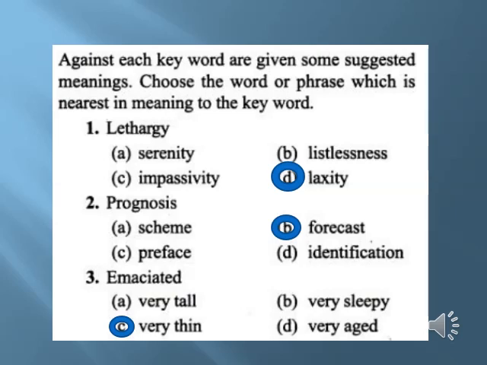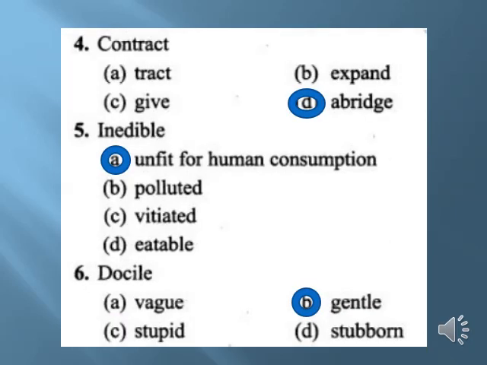Prognosis means forecast. So B will be the right option. Emaciated. What does emaciated mean? Emaciated means very weak, very thin. So C is the right answer. Contract. So what is the answer here? Answer is D, abridge. Now tract is an area of land.